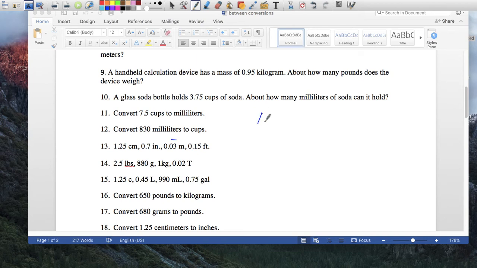So I know that 1 meter is 100 centimeters. Meters on top, centimeters at the bottom, 1.25. So we're going to go this way. How does 100 become 1? Divide it by 100.